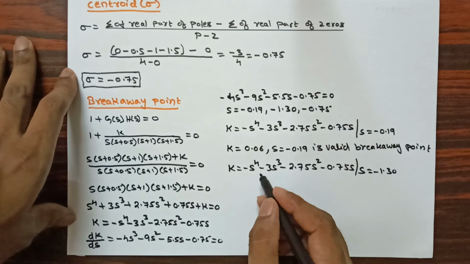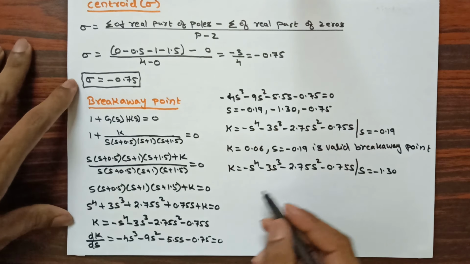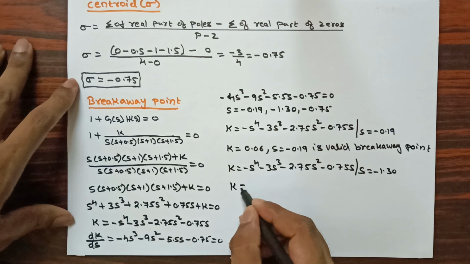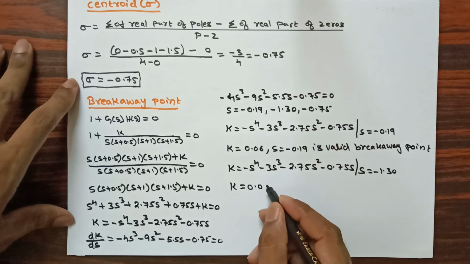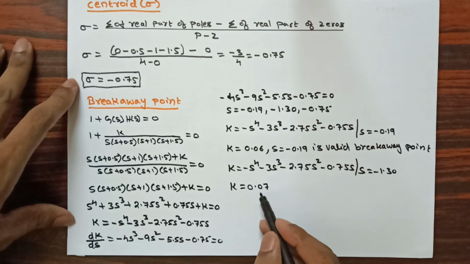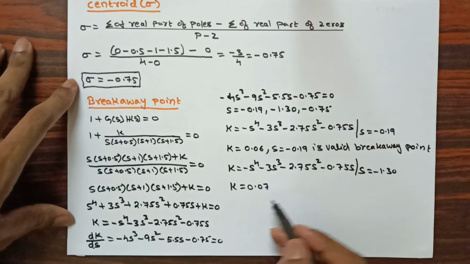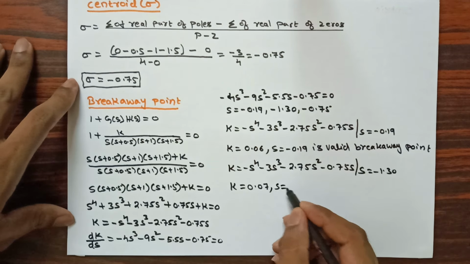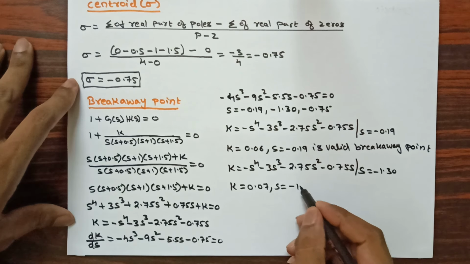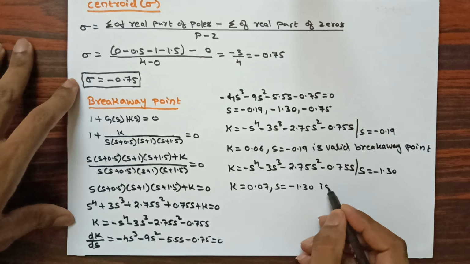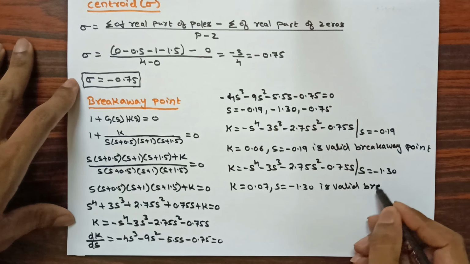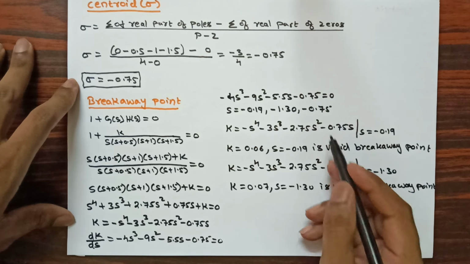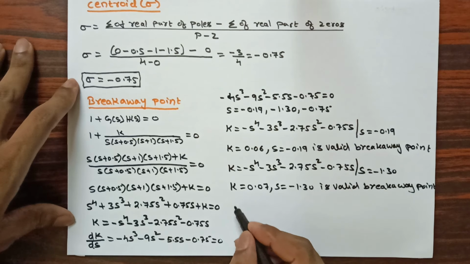By substituting minus 1.30 in this, I am getting k equivalent to 0.07. I am getting a positive value here also. Therefore s is equal to minus 1.30 is a valid breakaway point.